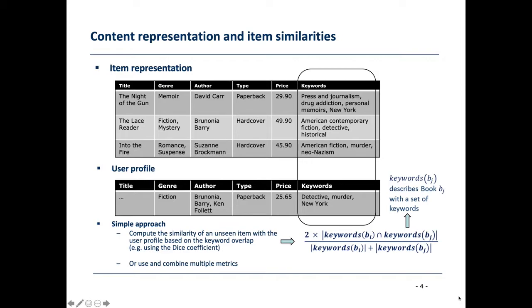Here on slide 4 we see a single keyword based comparison, but we could imagine looking at other columns which you can see also contain the possibility for a keyword based comparison. And finally, we have a numerical value such as price which we can compare as well, and that will be relevant when we talk about knowledge-based recommendation in the next video.